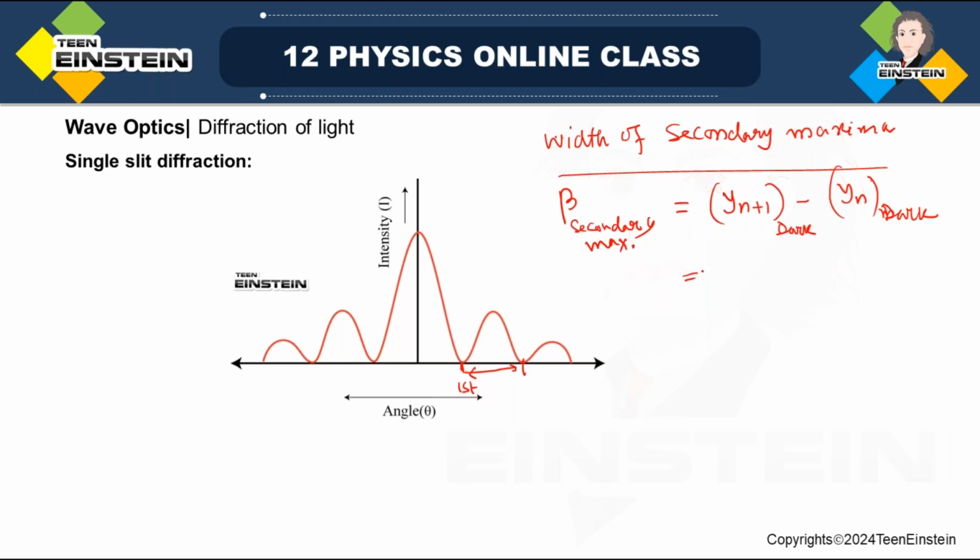We have already found out, see, it will be n plus 1 d lambda by a, and here it is n d lambda by a. See what happens, this will be d lambda by a, isn't it?